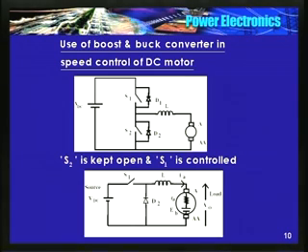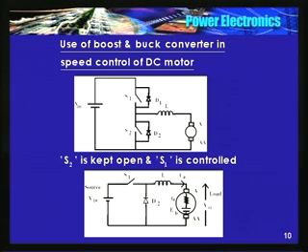Okay. So when I close S, IS starts increasing. When I open S, inductor current freewheels through D2.